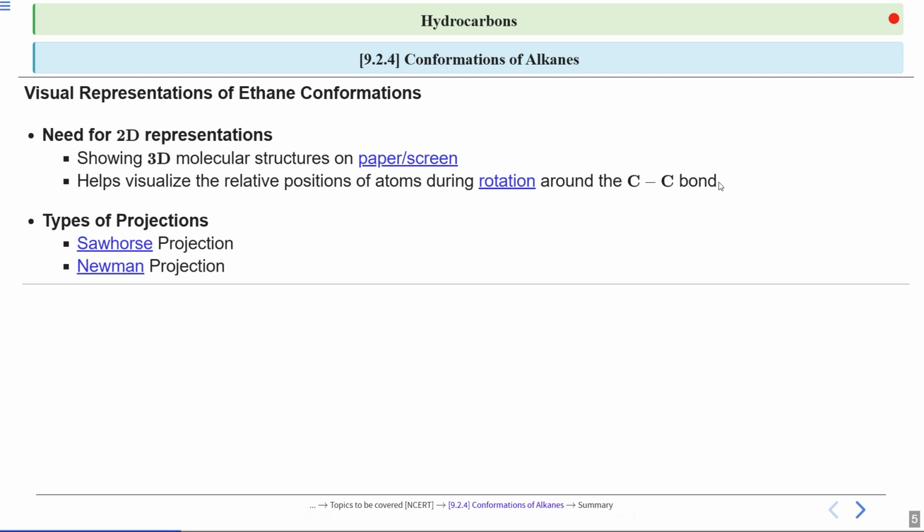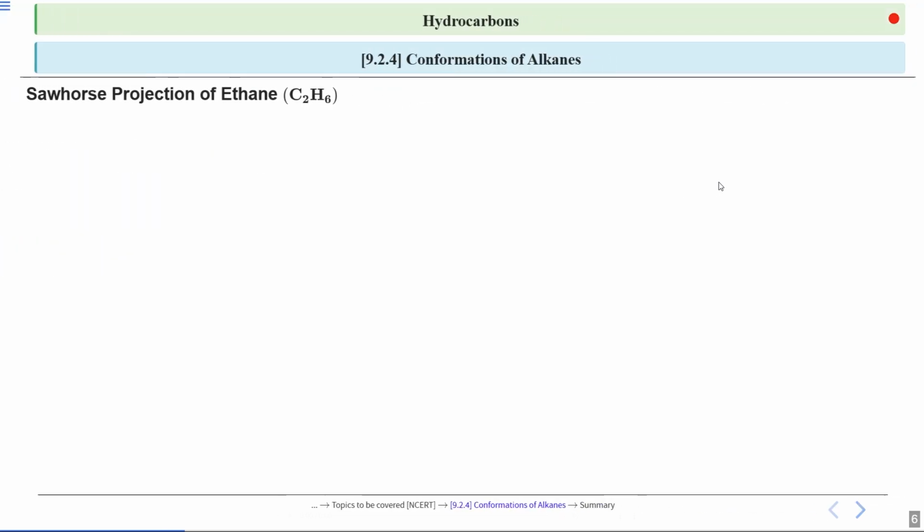In today's class, our main focus will be on the representation of the 3D molecular structure of any molecule with the help of a 2D representation, and those are of primarily two types: first is the Sawhorse projection and second is the Newman projection.